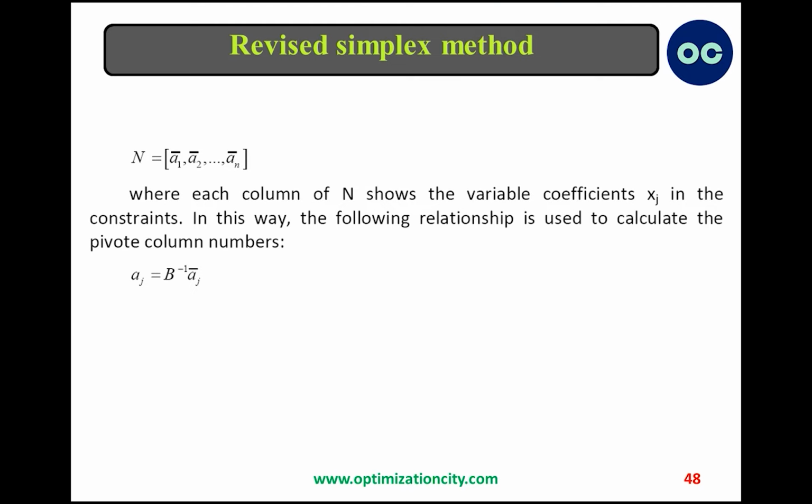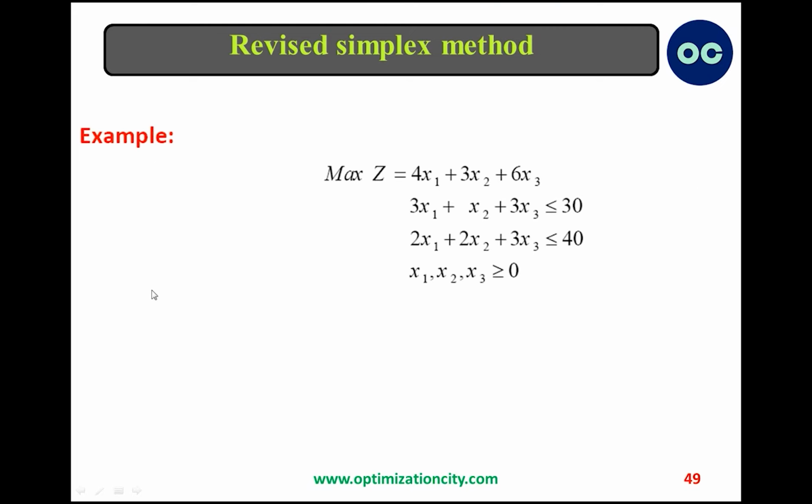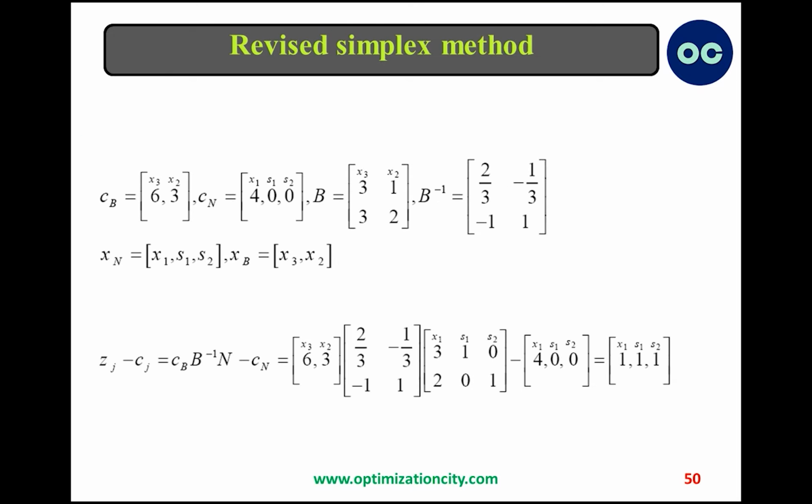To better understand the application, we have the following example. We use this Aj for the ratio test, which we will discuss in the following example. So let's say we want to obtain the values of the simplex table with x3 and x2 as basic variables.